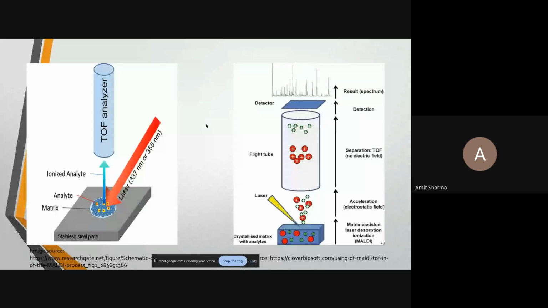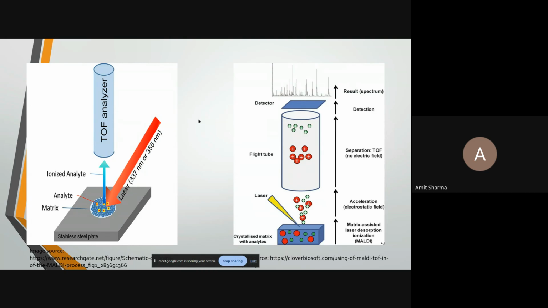After this, the matrix molecules present in the sample matrix solution absorb the laser energy and rapidly heat up, causing both matrix and sample to heat up. This results in the ejection of matrix and sample molecules into the gas phase.